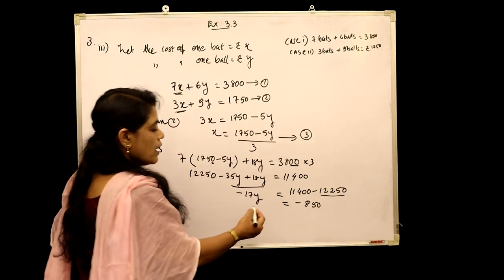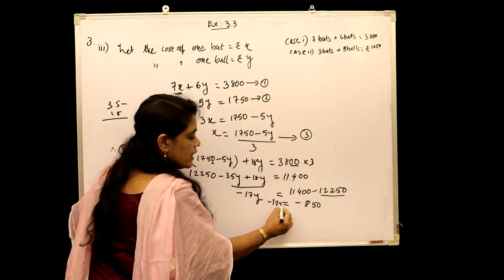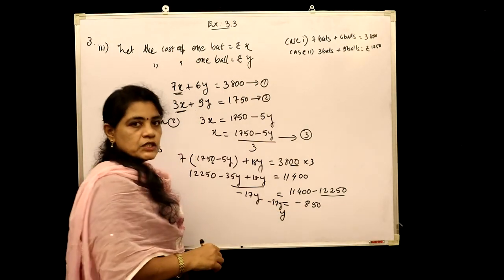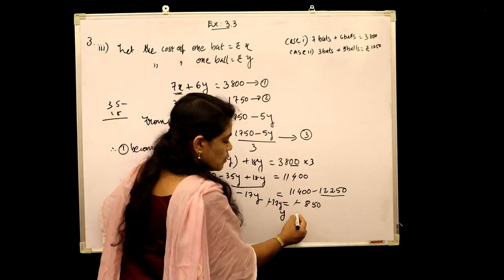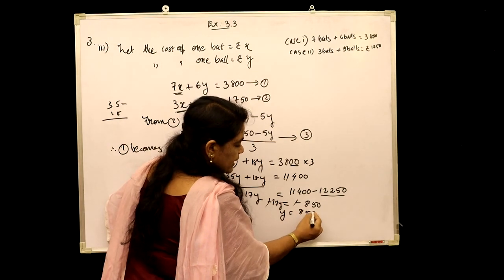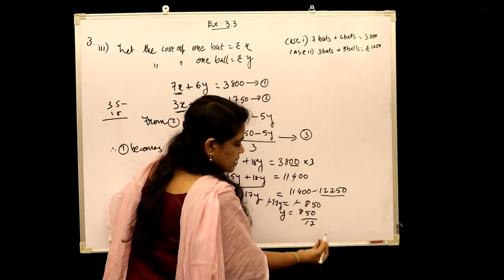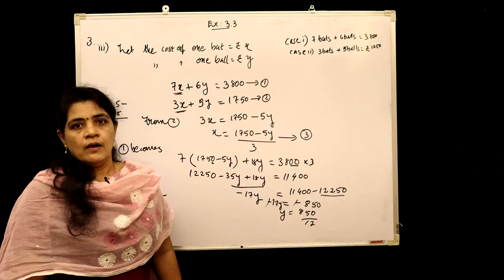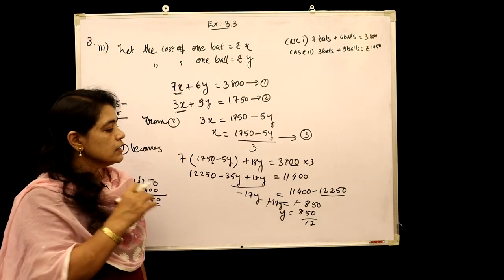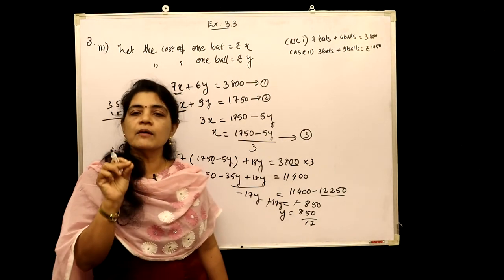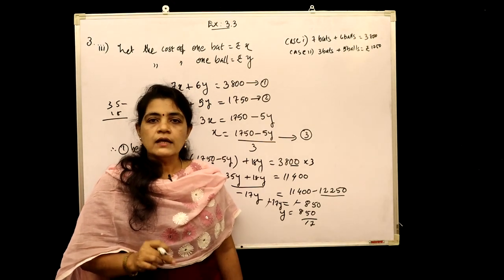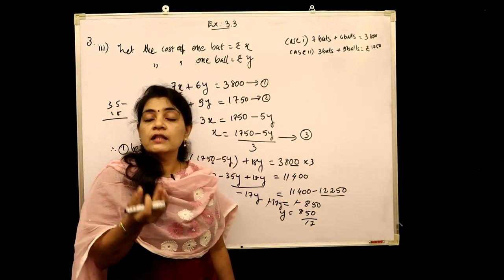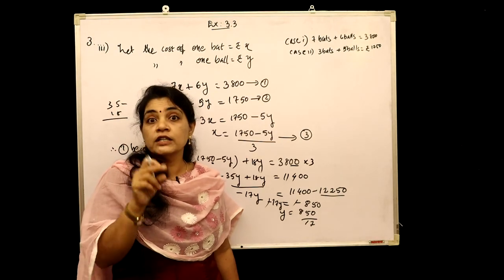Here we have negative 17y. So y will be, negative negative get cancelled. So 850 divided by 17. See children, how this can be divided, since 17 is a prime number. Which can be the multiple with the unit place 5?